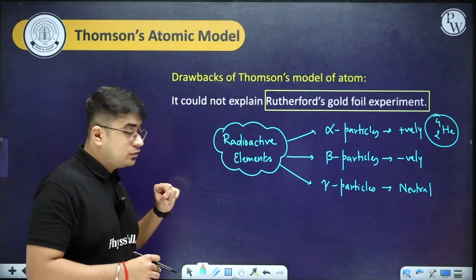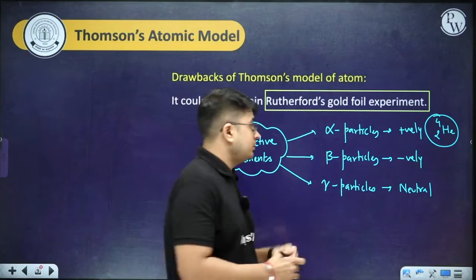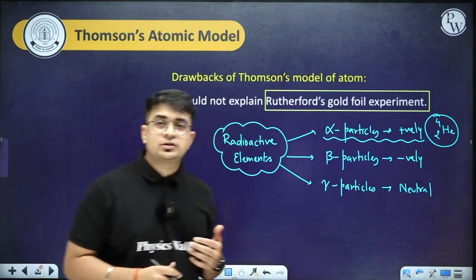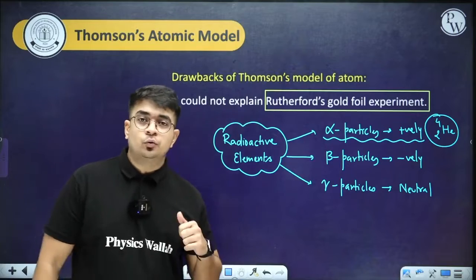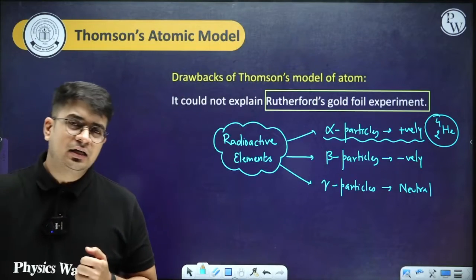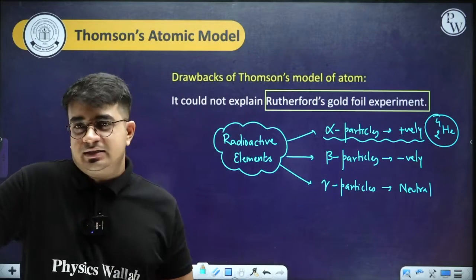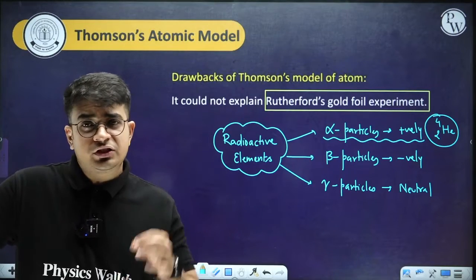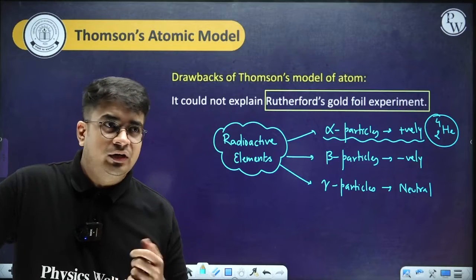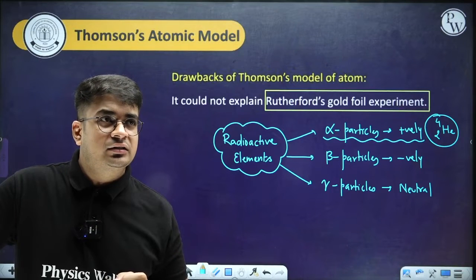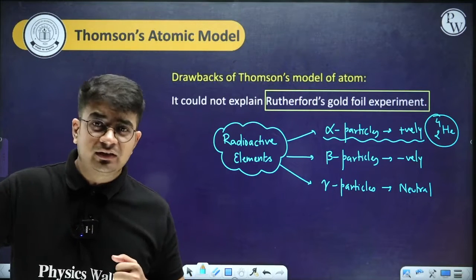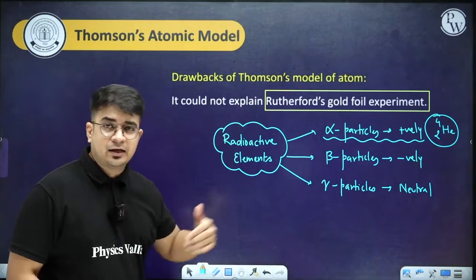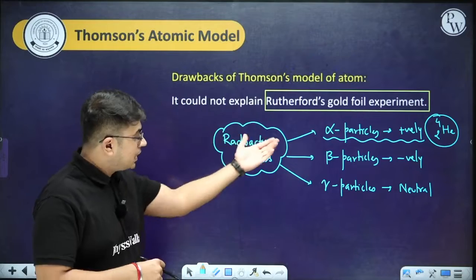And Rutherford was working on the basic experiments related to alpha particles, which are positively charged helium nuclei. Now he thought, let's say I take a particular atomic sheet which is very thin, approximately atomic level thin, and I bombard it with these alpha particles.